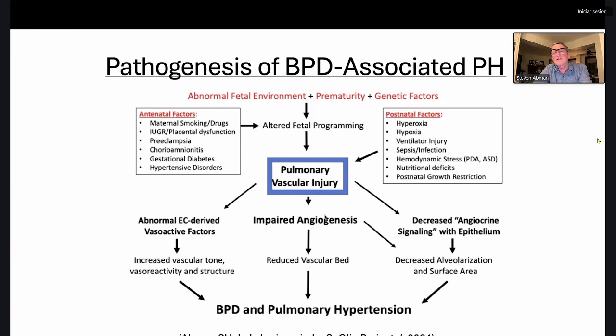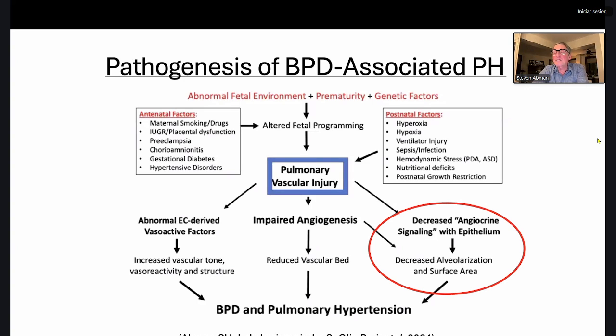But also we see, as I showed you, impaired angiogenesis, reduced vascular bed, which then even with normal cardiac output through this hypoplastic lung circulation may represent a significant hemodynamic stress, setting the stage for more aggressive late onset pH to follow. And then finally, what's always fascinated me, and I'll talk more about this, is the importance of the endothelial cell, the vascular itself, to signal to the epithelium.